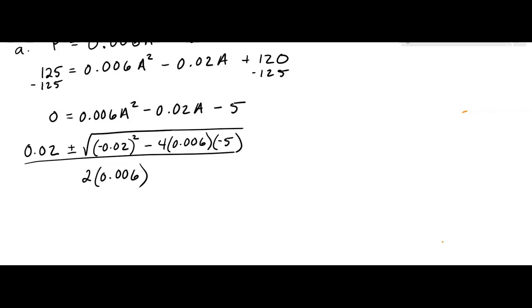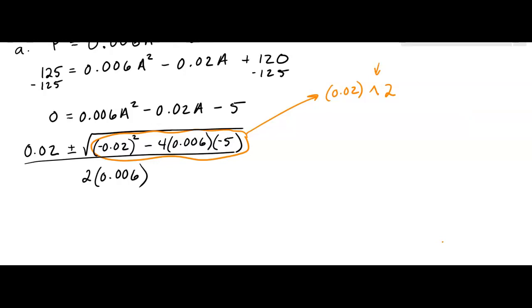All right. I would take my calculator and figure out the discriminant. In my calculator, I would put 0.02 to the second power. So this button, my little arrow, some calculators use that for the exponent. Your calculator might be a little different.